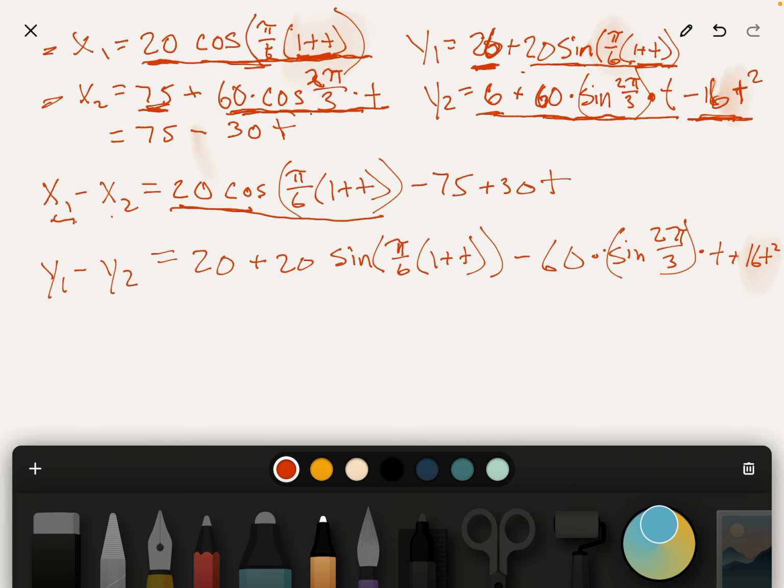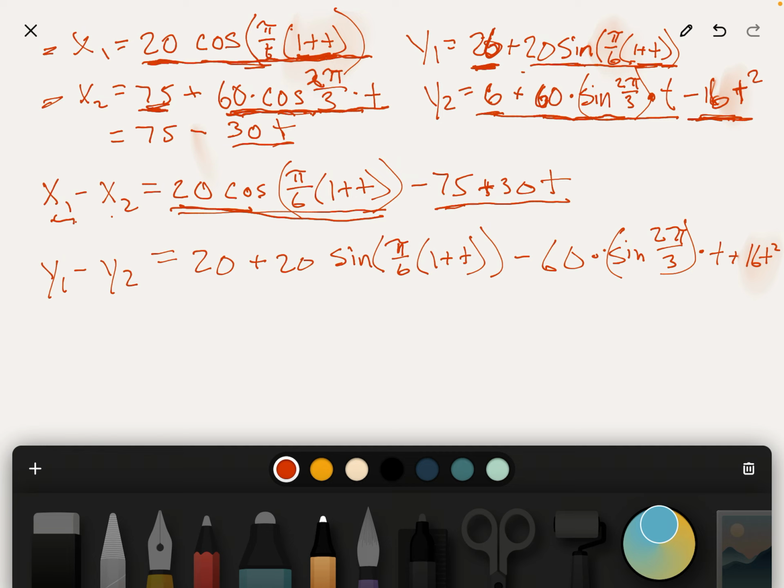I saw that cosine of 2 pi over 3 is just negative 1/2. So just to make it a little simpler to enter into the graphing calculator, I simplified that part. So 60 times negative 1/2 is negative 30t. So x1 minus x2, we got this. This is x1, and this is minus x2. So it's minus 75, but then the minus 30t becomes a plus 30t.